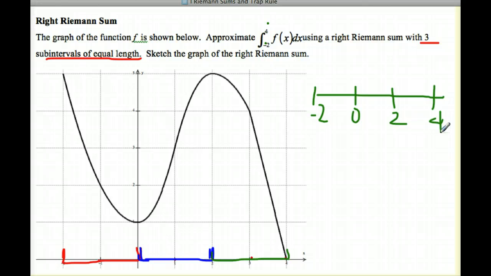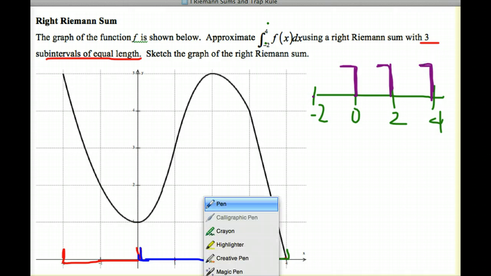Since this is a right Riemann sum, I'm going to draw a rectangle every time I'm on the right hand side. So from -2 to 0, this is my right hand side, so I draw a rectangle here. This is also a right hand side, so I draw a rectangle here. And here is a right hand side, so I draw a rectangle here.